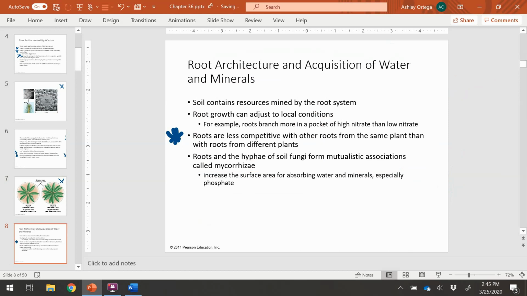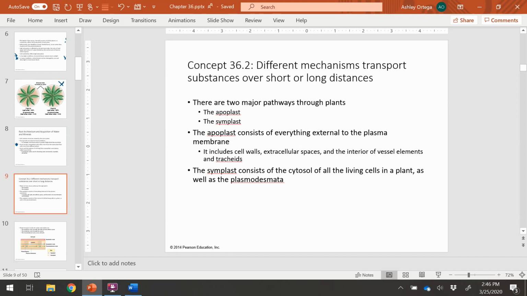And so if they're next to their own roots, they're going to be a little more generous with their water absorption and mineral absorption, whereas if they're competing with other plants' roots, they're going to recognize that and absorb as much as they can. So those are the general trends you want to know for the plants in terms of resource acquisition.